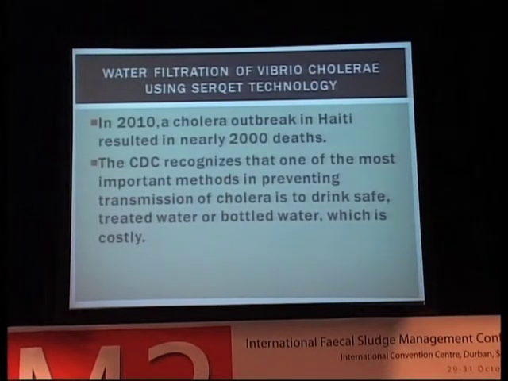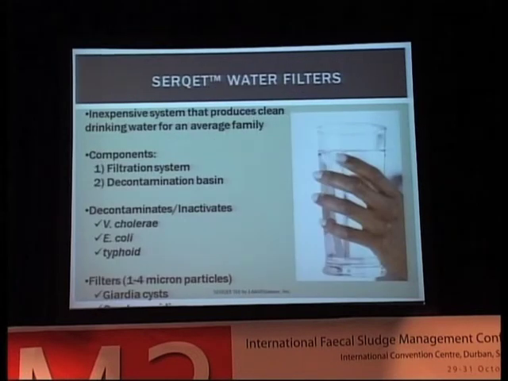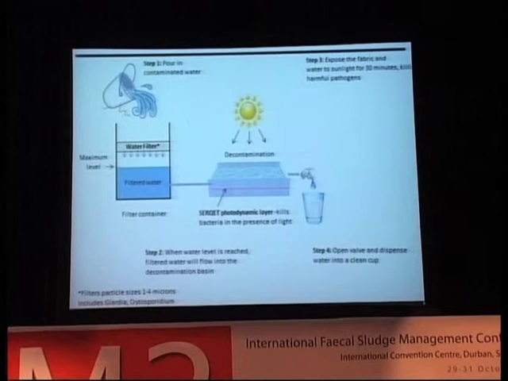Our water filtration system is basically a decontaminating basin, and I'll show you the system. It does not need any electricity. It's basically a storage container. Water flows through a filter cassette, which is treated with Saket technology.